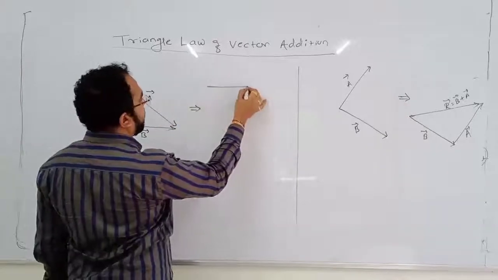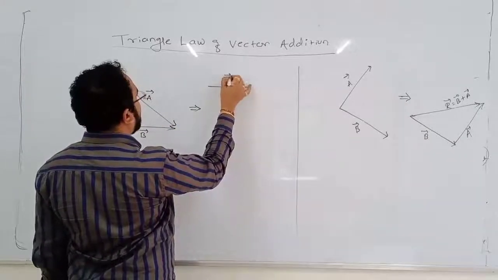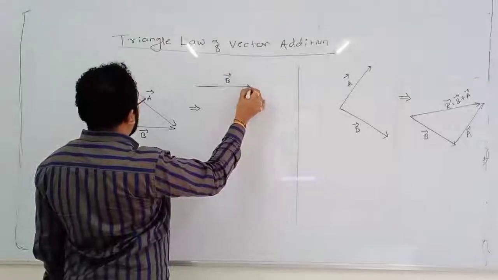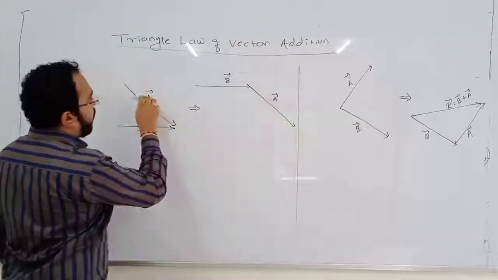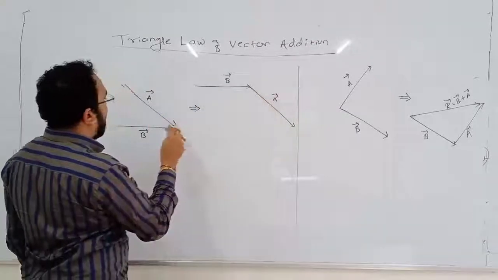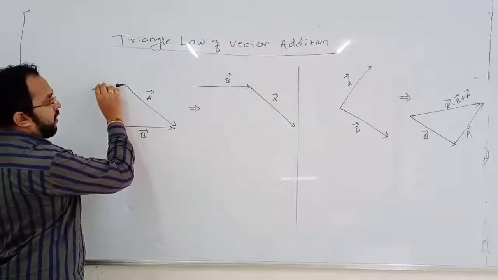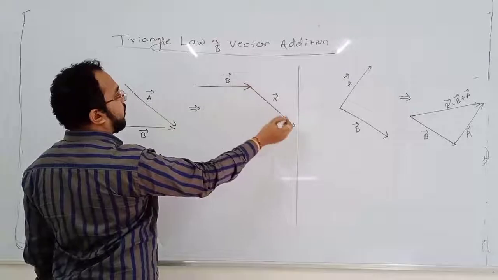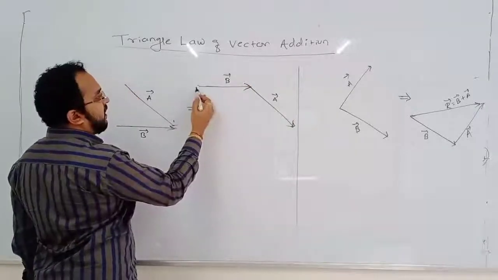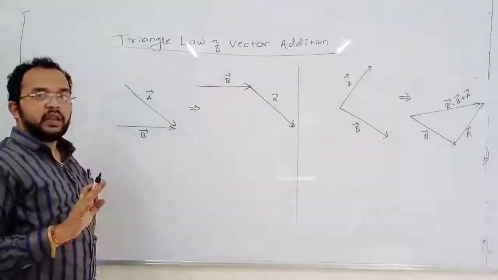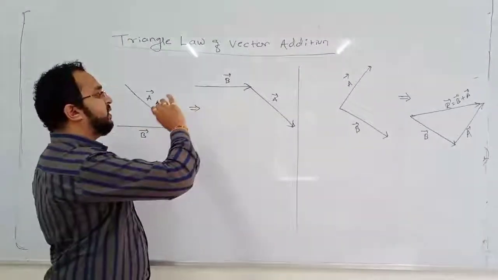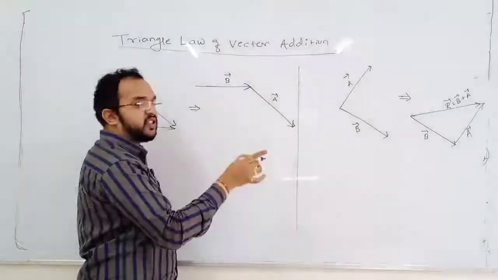This is vector B, and this is your vector A as it is. I have shifted this B here. Now see, tail, head. Now tail, head. These are in the same manner, same sense.